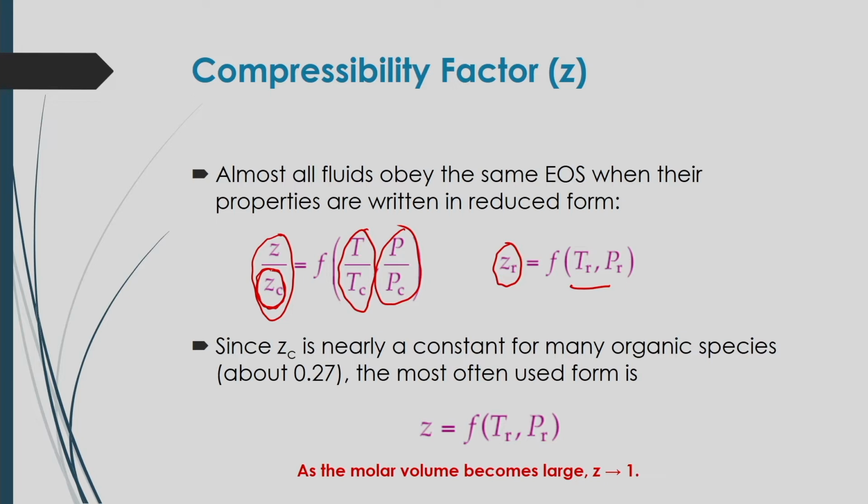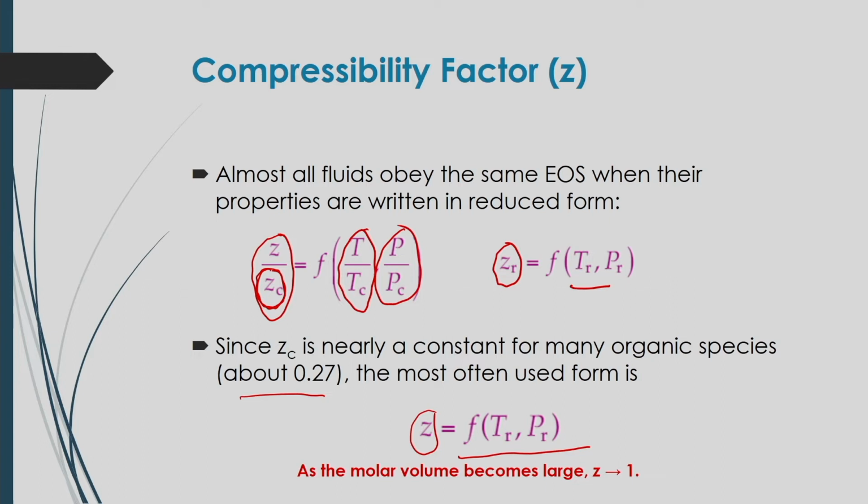Since here Zc is nearly a constant for many organic species, about 0.27, just remember this, and the most often used form is Z equal to a function of TR and PR.